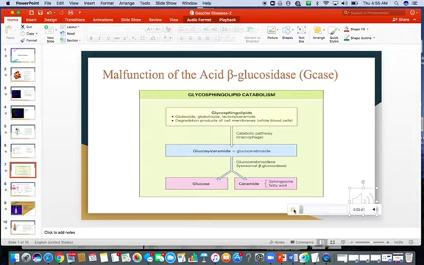And this is a diagram, a step-by-step process, of the acid beta glucosidase. It goes through a catabolism process. The glucose phospholipid is able to break down to produce globoside, globulose, and lactoceramide.